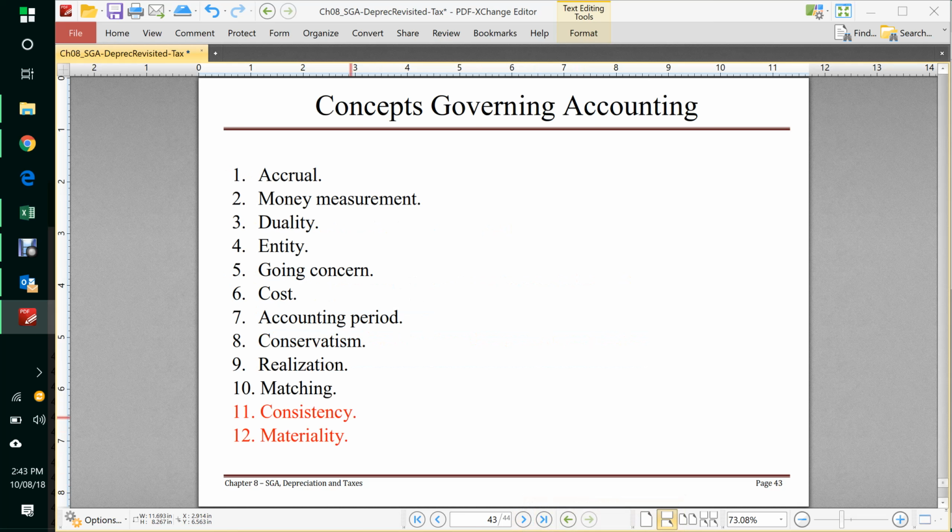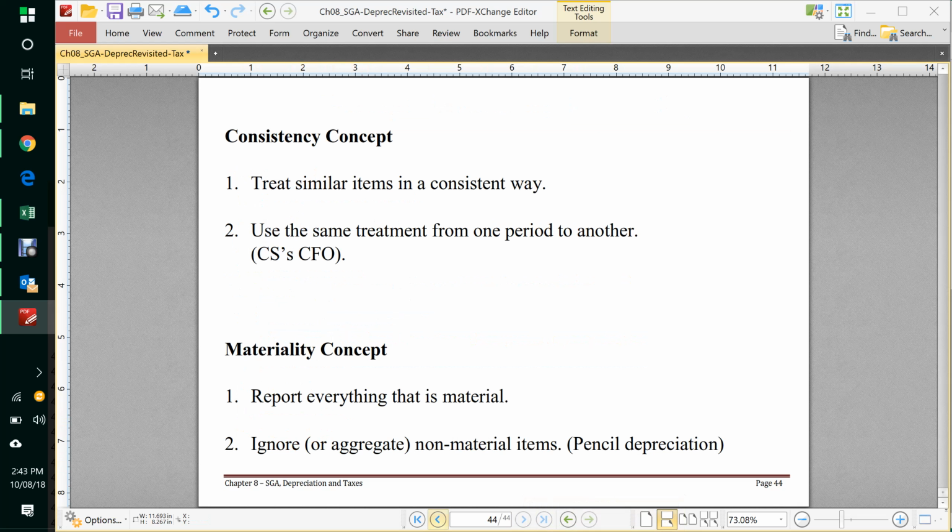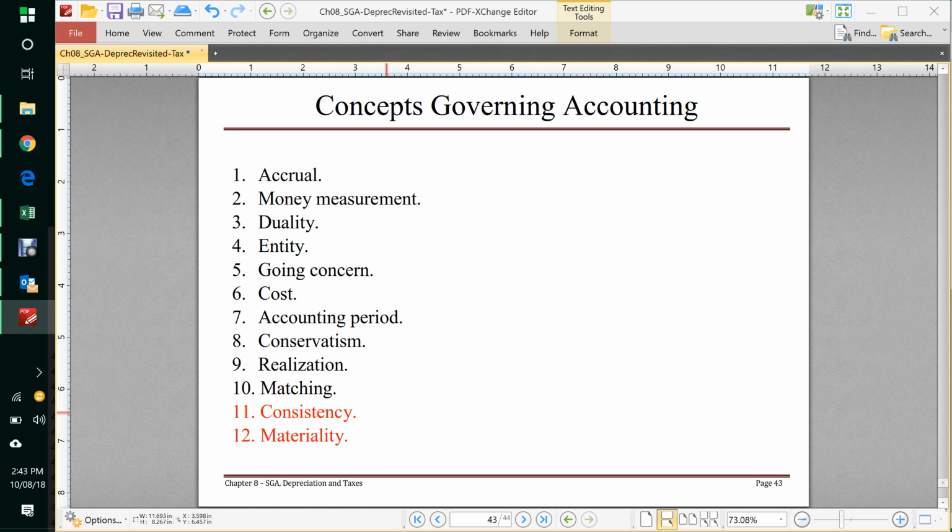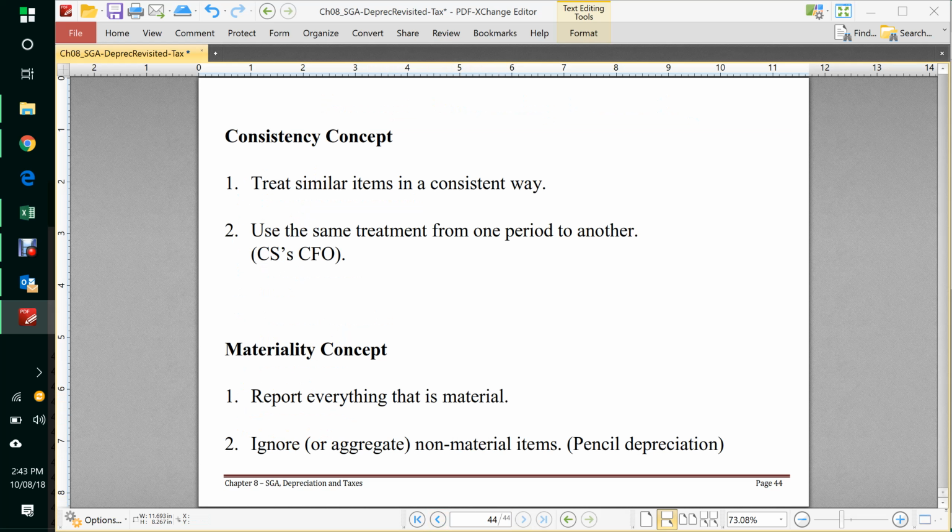Okay, so let's quickly finish up here with our last two concepts, consistency and materiality. These are both intuitively obvious once we see them, so I'm not going to put stars by them. Consistency just says treat similar items in a consistent way. Use the same treatment from one period to another.